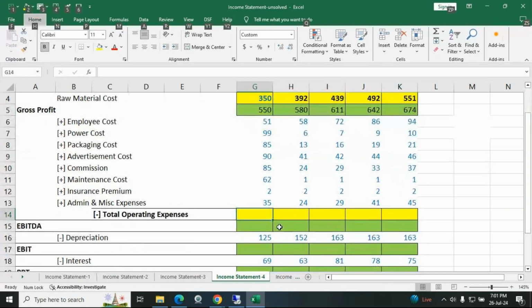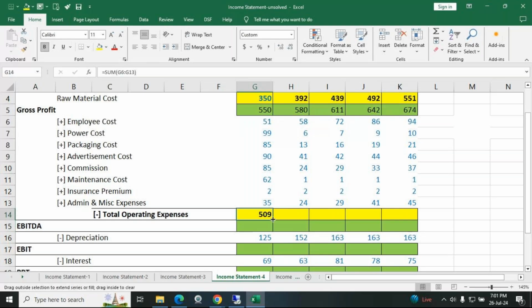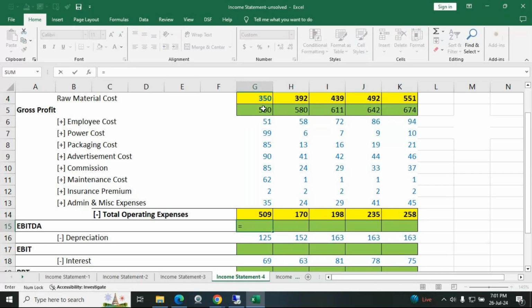Now equals sum of this value. These are my operating expenses. I'm going to drag this. Here EBITDA will be equals 550 minus 509, that is gross profit minus the operating expenses.